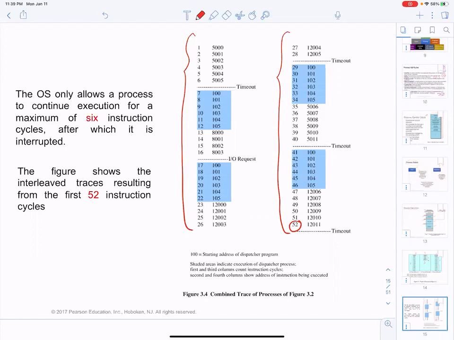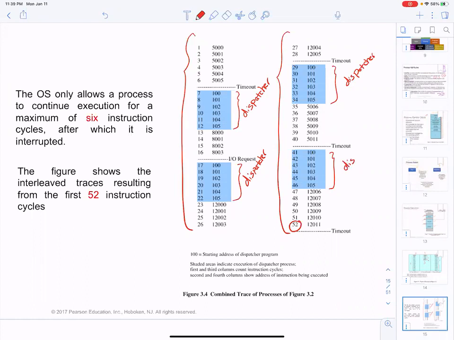First, the shaded areas in the graph, this one and this one, in addition to this one and this one, list the starting address and end address of the sequence of instructions that will be executed as the dispatcher. This is the dispatcher code, and we have to load it into the main memory every time we would like to switch from one process to another.